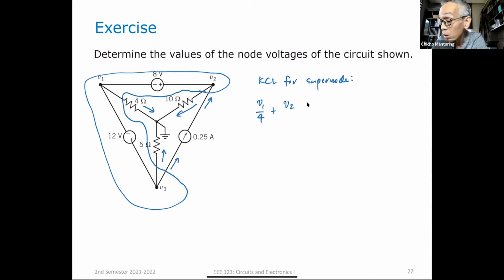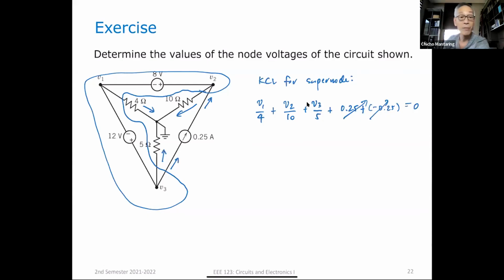V2 over 10. And then what is this? This is V3 over 5, no? So what are the other currents, no? What is this? That's 0.25. But what is this? This is minus 0.25. So actually this cancels, no?